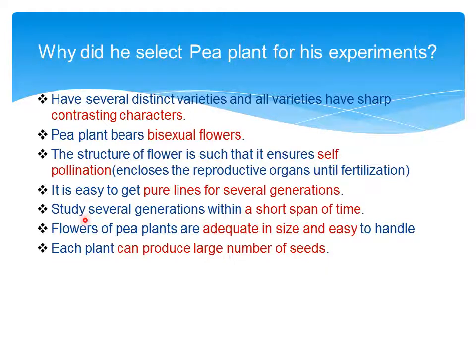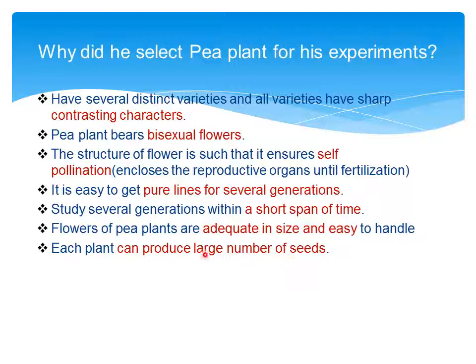And during the study, each pea plant grows over a short span of time, so it is easy to note the results one generation after another in a short span of time. Flowers of pea plants are adequate in size and easy to handle. Each plant can produce a large number of seeds.